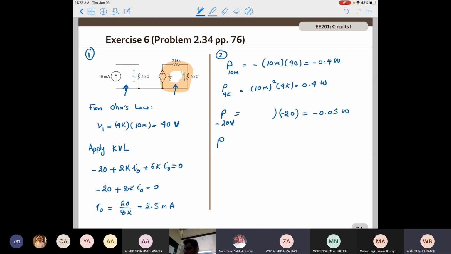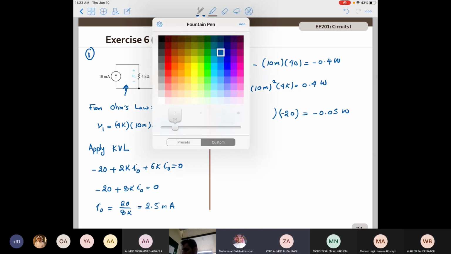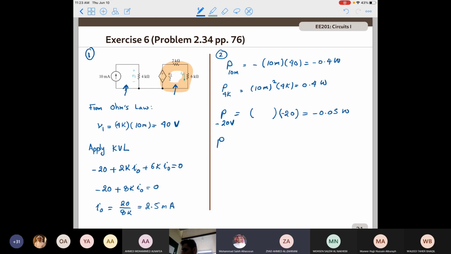Shouldn't it be 4 milliwatt? Okay, 40 multiplied by 10. No, they have to be the same. The one on the top and the one on the bottom, they have to be the same.